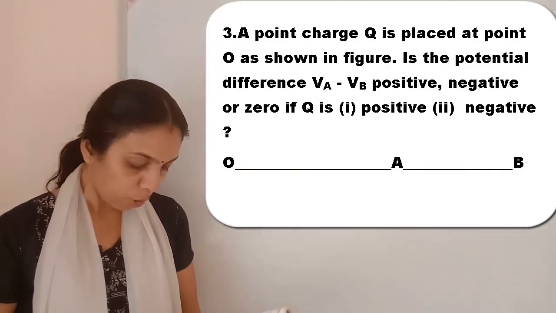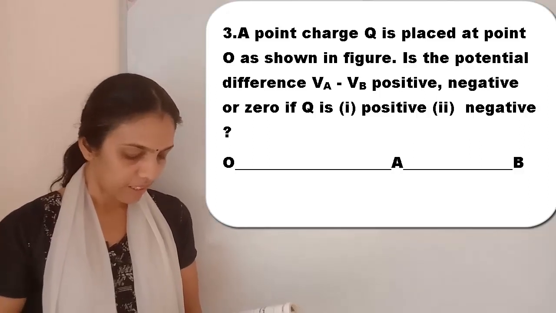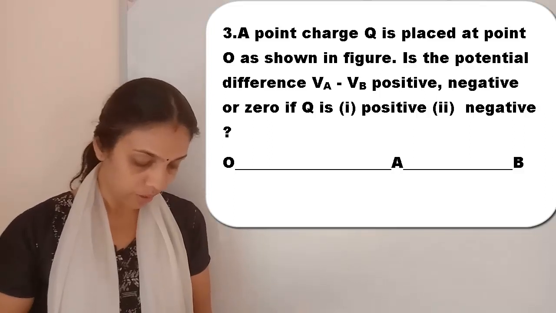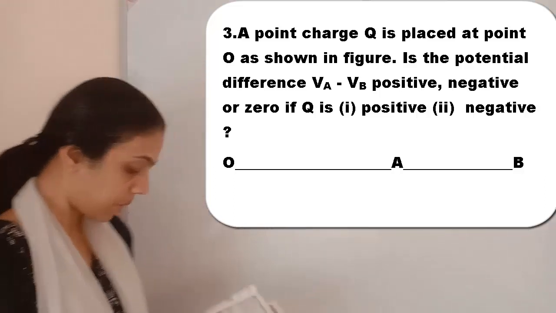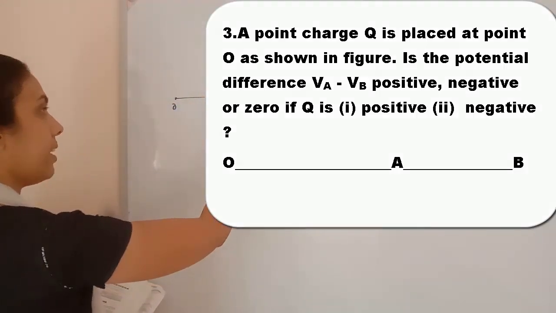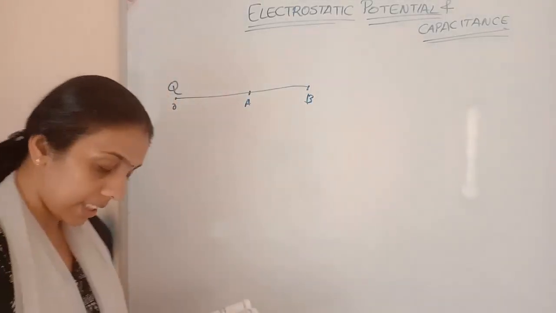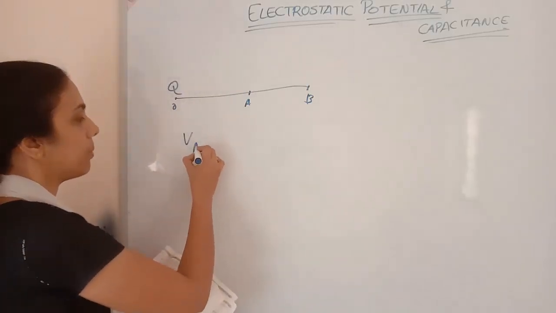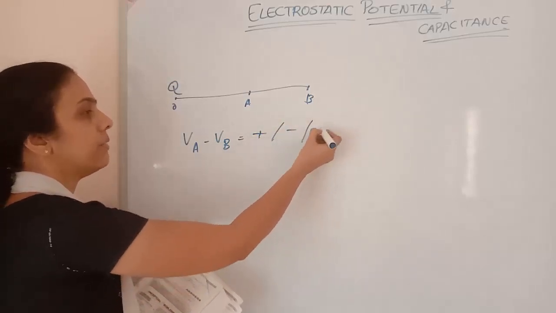Next is, a point charge Q is placed at point O as shown in figure. Is the potential difference VA minus VB positive, negative or 0 if Q is positive, and second one, if Q is negative. So here this is O, this is A and this is B. Q is the charge which is kept at the point O. Is the potential difference VA minus VB positive or negative or 0?